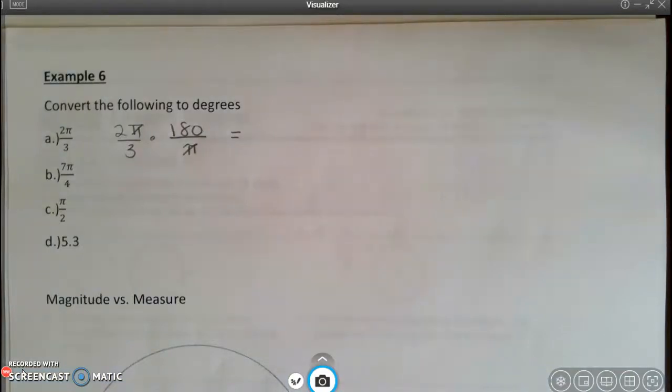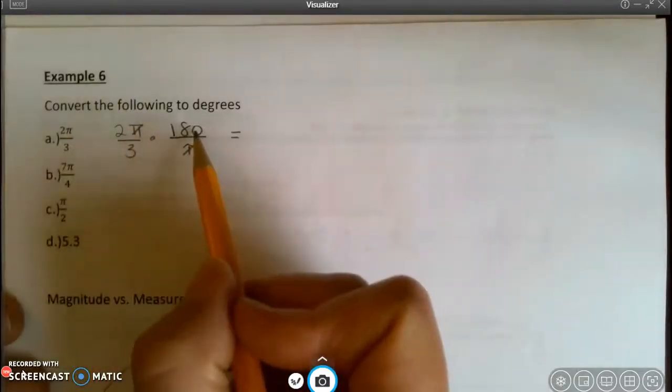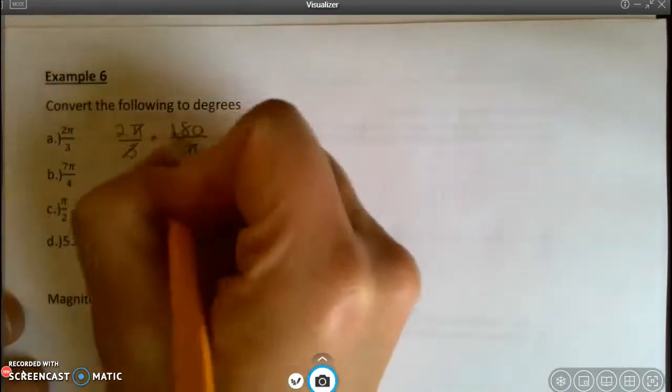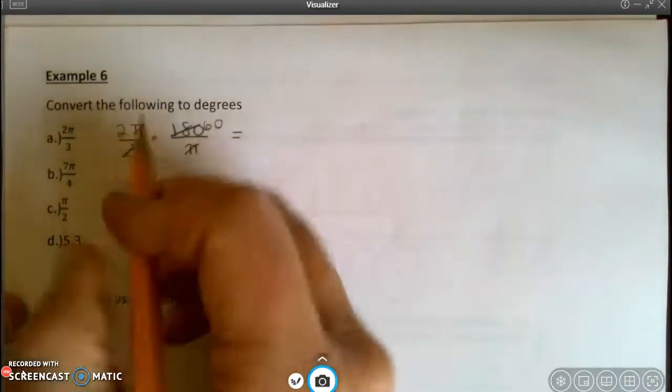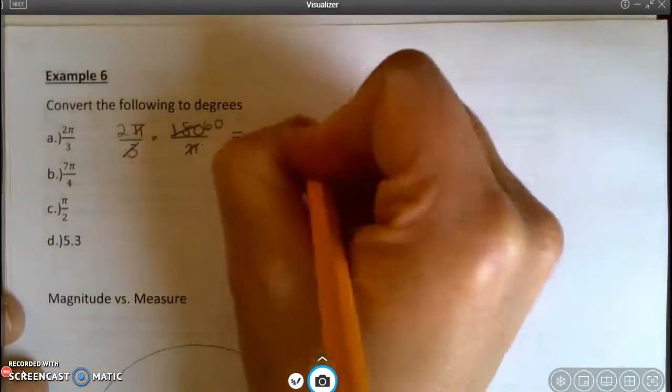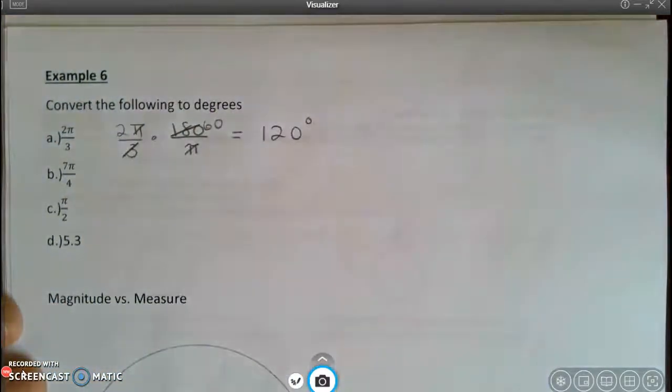You make numbers smaller by dividing. You make them bigger by multiplying. So I realize that I can take 180 divided by 3, and that becomes 60. And I'm left with 2 times 60, which is 120 degrees.